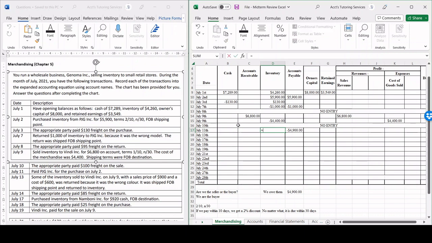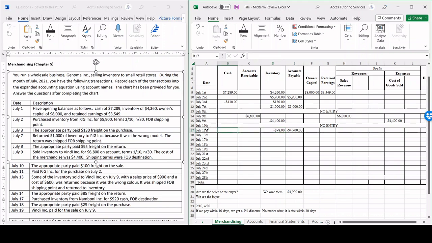So we're going to do this by simply taking the negative 4,900 and times it by 2%. So we're times by 0.02, as you can see over here. And that's going to give us negative 98. Any discount when you're a buyer gets reduced into inventory because that's reducing your cost of inventory.